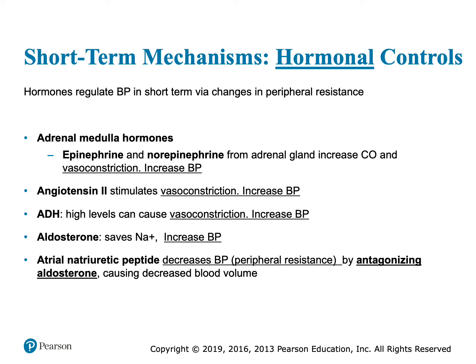High levels of antidiuretic hormone is going to cause vasoconstriction, so it's going to cause an increase in blood pressure. Aldosterone. Aldosterone is increasing sodium, capturing sodium and keeping it in the vessels. So what's going to follow that? Water. You're increasing volume in that case, so you're increasing blood pressure.